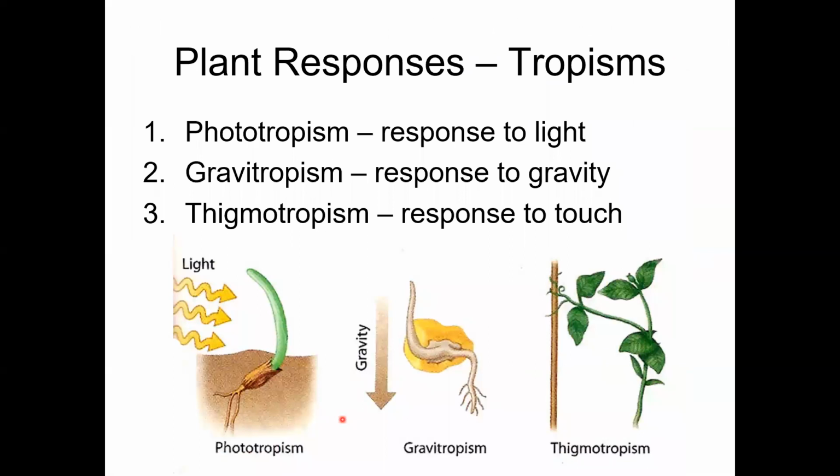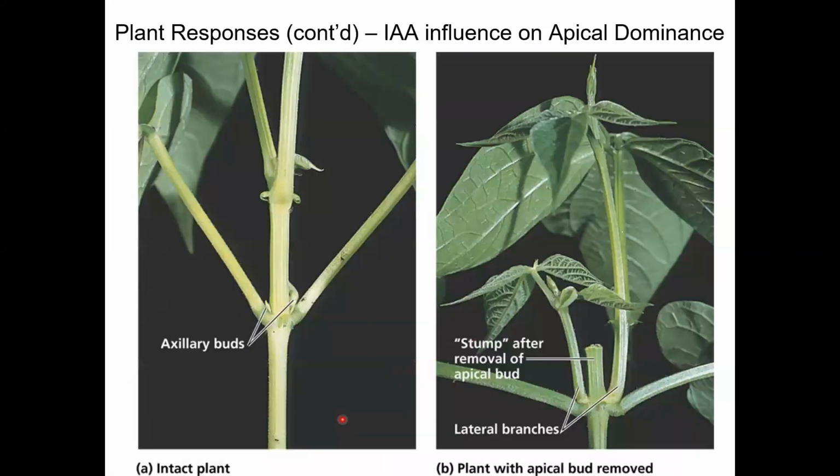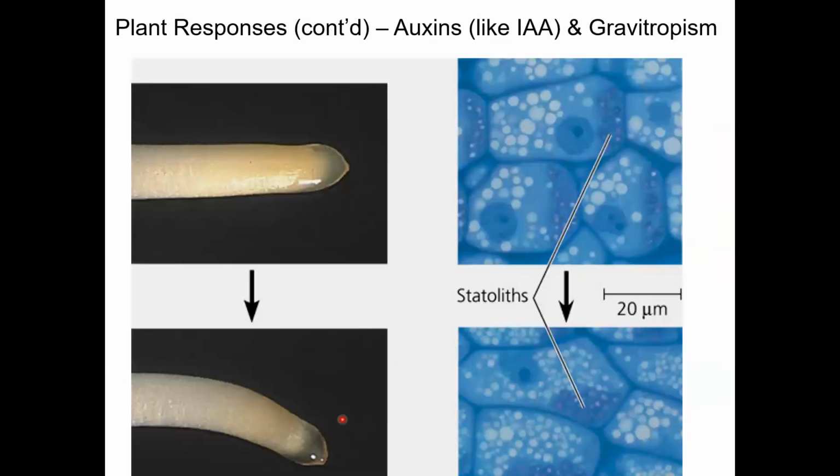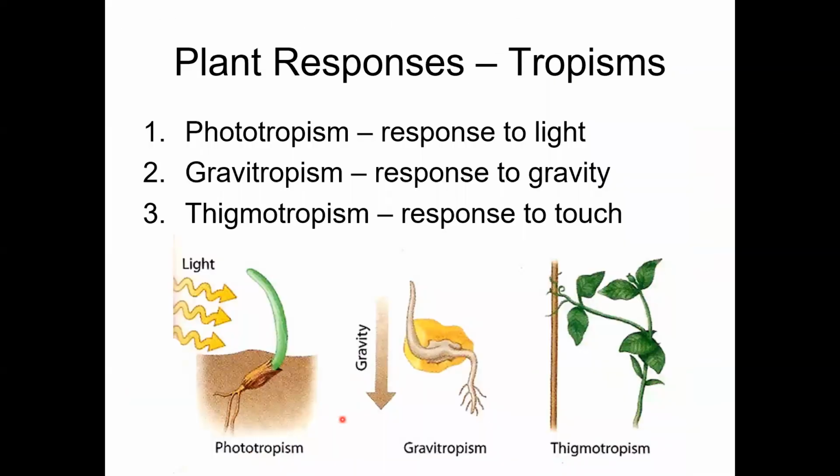Now, the third, thigmotropism is, let's see, this is not the slide I wanted. Let's see if I can find it. All right, okay. Thigmotropism has to do with touch. And so when certain vines touch an object, they respond accordingly. Some vines go clockwise and some go counterclockwise.